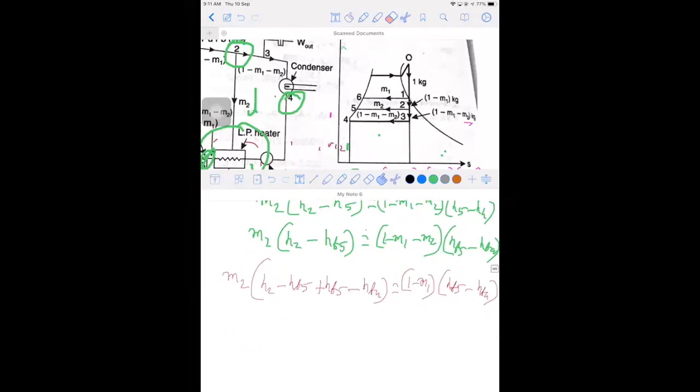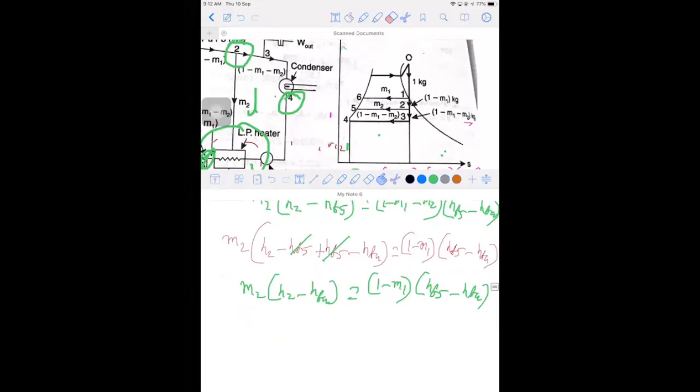These two get cancelled. Now this becomes M2 into (H2 minus HF4) is equal to 1 minus M1 into (HF5 minus HF4).